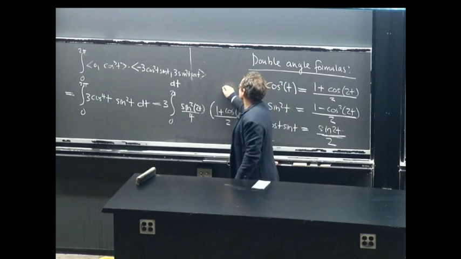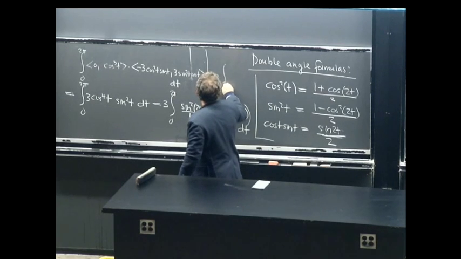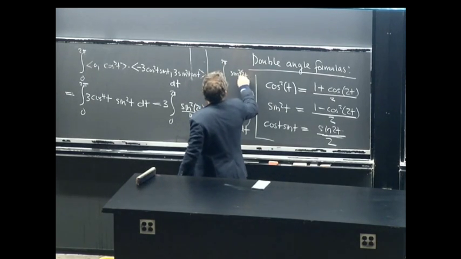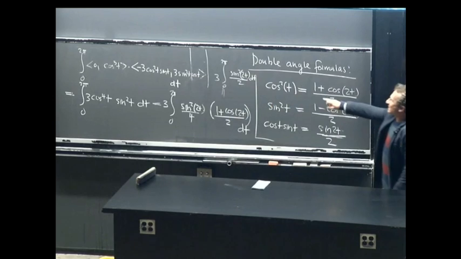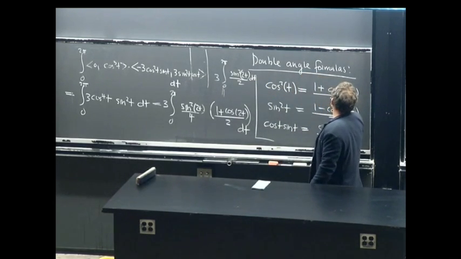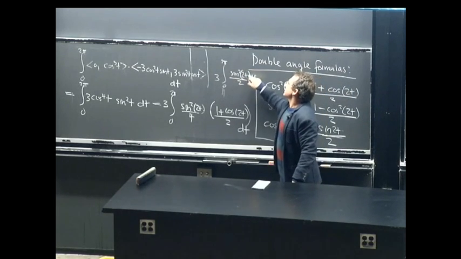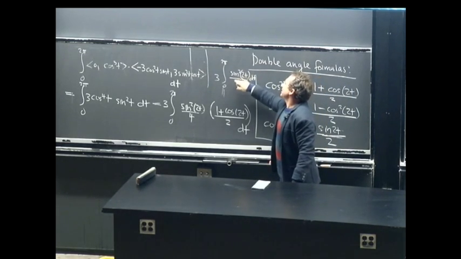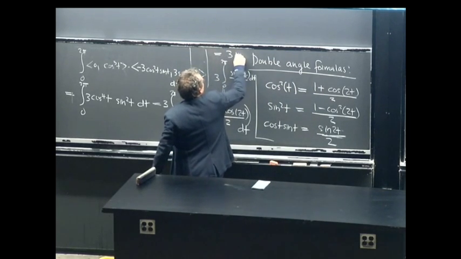So the only thing which survives is really 3 times the integral from 0 to 2 pi of sine squared 2t over 2 dt. And you know that this integral is the same thing as when you have cosine squared, so you could use the double angle formula again, but it just gives you, when you integrate that, pi here, so this is equal to 3 pi over 8.